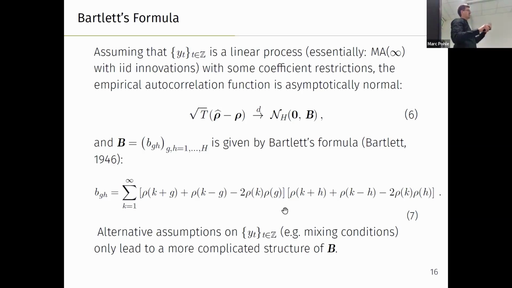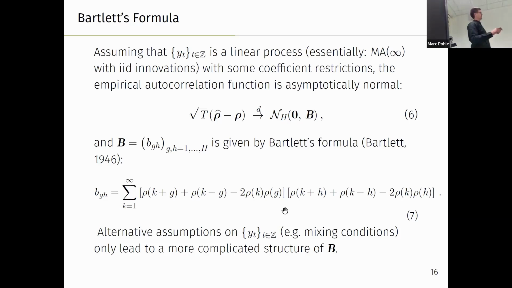This result you can get under very mild assumptions, but under this assumption you get a very nice general formula for the covariance matrix B, called Bartlett's formula. The elements of this B are given like this. This is an infinite sum over some function of the true autocorrelations, so not that nice to estimate.